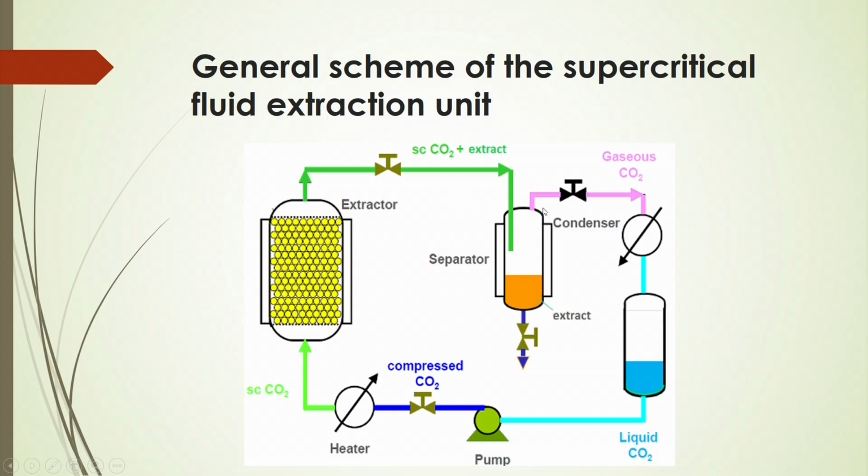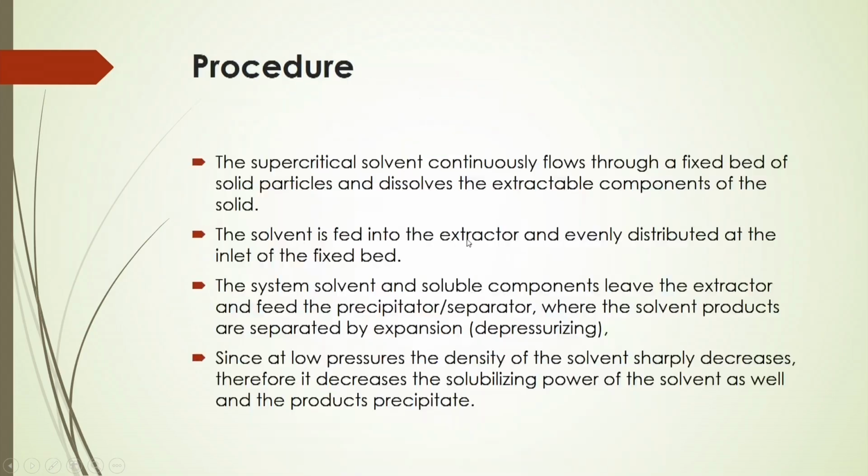The carbon dioxide will again be condensed, and it will become liquid carbon dioxide, and after that it will be pumped and compressed, and at its supercritical condition again it is sent to the extractor for the extraction of the solute. So, this is the basic schematic diagram of the supercritical extraction unit using carbon dioxide as solvent.